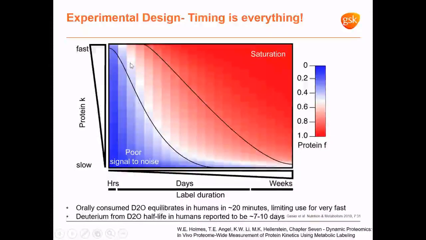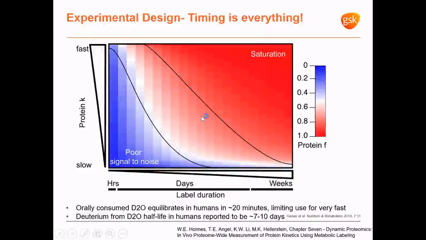If we look at the proteome in its entirety, there's a range of protein fractional synthesis rates. So when doing an experiment, it's important to understand the turnover rate of your target of interest, and that will help guide you in designing those experiments. Obviously, for very slow turnover proteins, deuterium oxide is ideal as a labeling tool, where you have very long-lived proteins and very slow fractional synthesis.